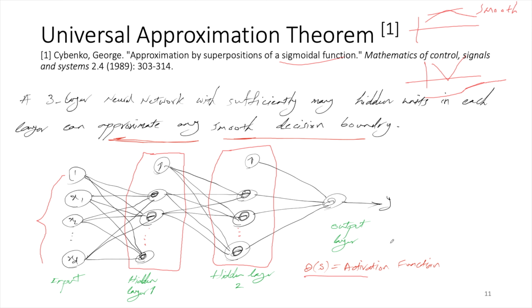Okay, so what does it mean by sufficiently many? Is there an exact number, or is it different per case? It's a very general definition. Sufficiently many nodes depends on how accurate you want your prediction to be, right? Sometimes by having more nodes here, you're actually hurting your accuracy because it's an approximation function.